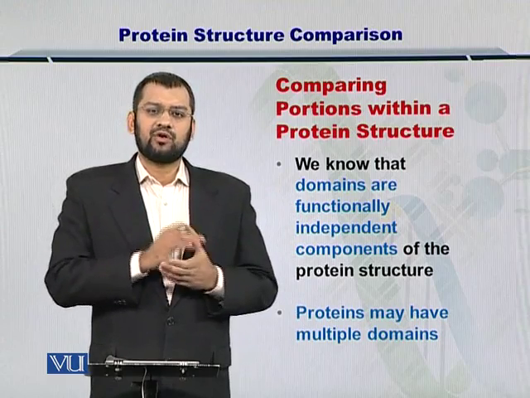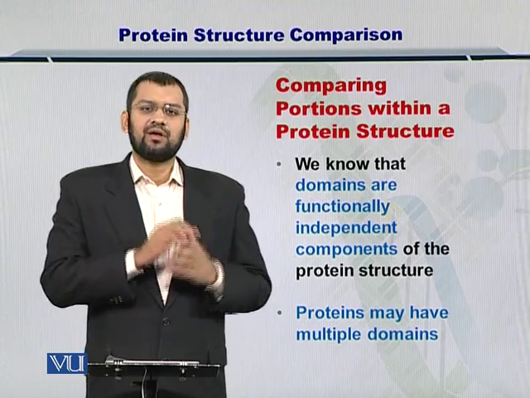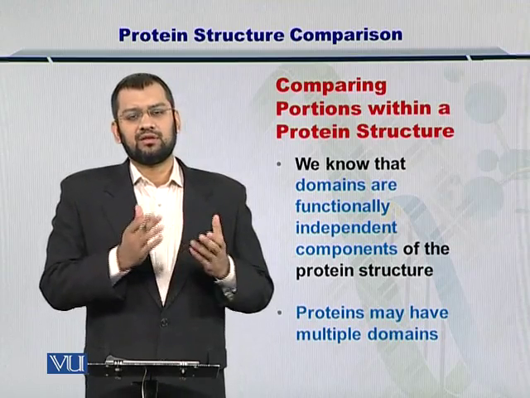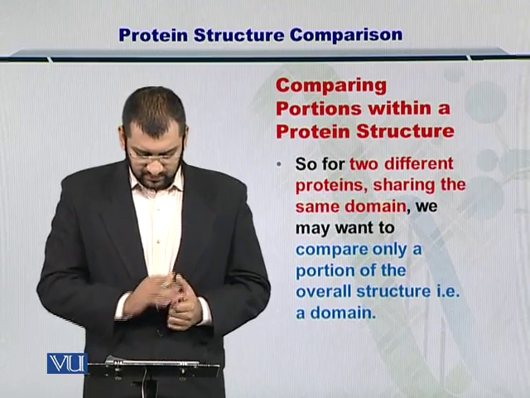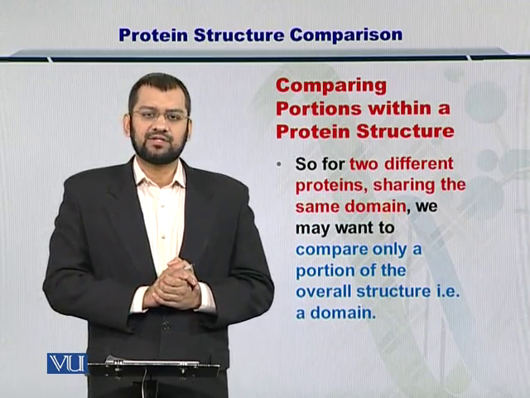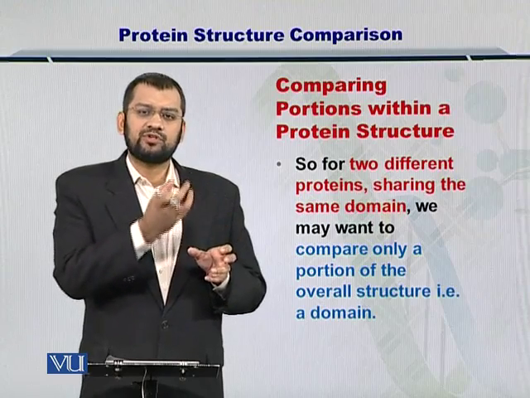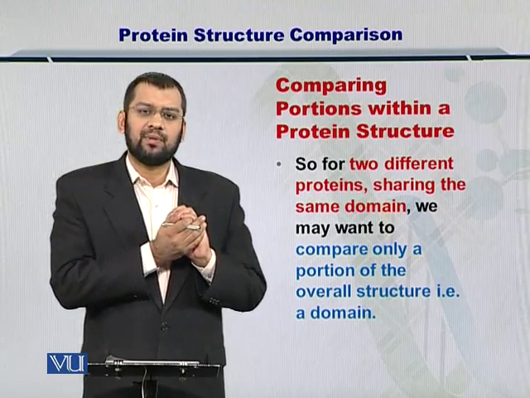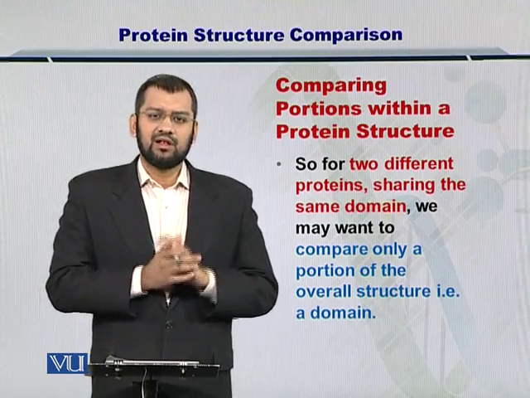Therefore, there is a good case to compare subunits or partial structures from the overall protein structure. For that, you can simply compare the motifs and domains. If you are given a task to compare the partial sequences, then you simply extract those portions from the protein structure that are of your interest, and then you compare them using rigid body superpositioning. We'll talk about this in detail in the later modules.